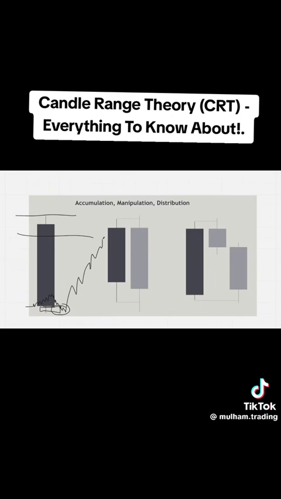We did not stop here, but we actually went to the main drawn liquidity. So that's accumulation, manipulation, distribution in one singular candle. That's the first type that we need to understand. So we could have AMD, and that's when CRT is not going to work on the next candle because we already had a major drawn liquidity hit and a major AMD happening on one singular candle. We got to understand this.